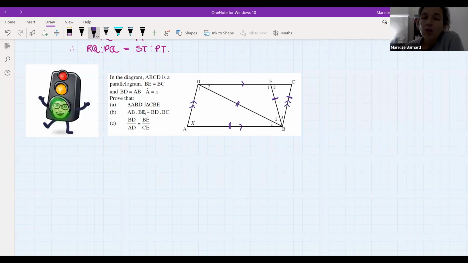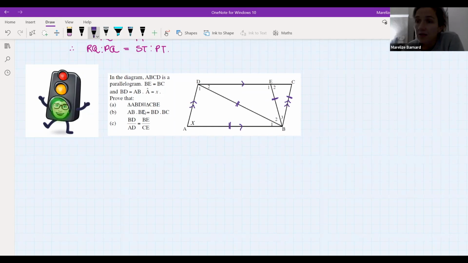Now, what are some of the other properties of a parallelogram? We're especially focusing on the angle properties, because when we are working with similarity, we are looking for angles.